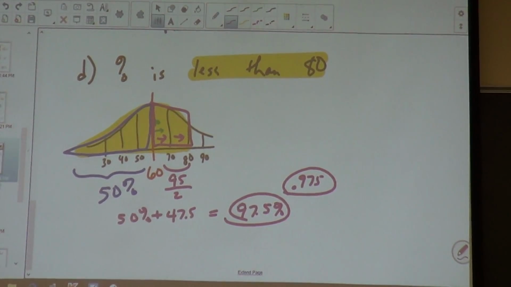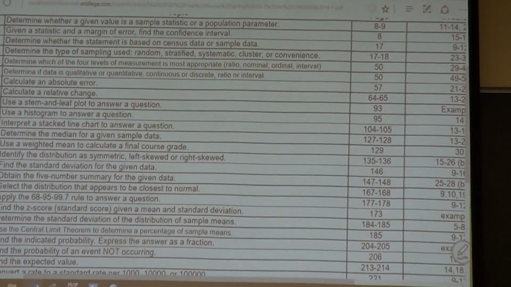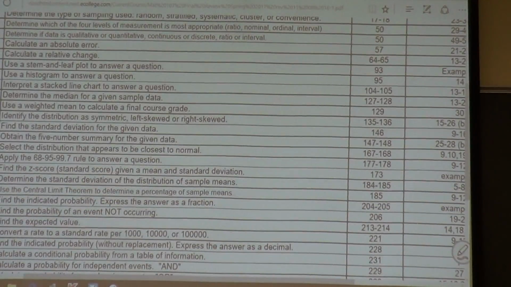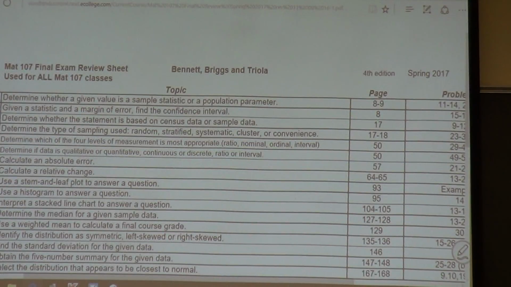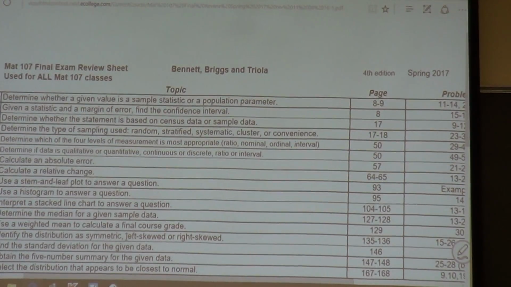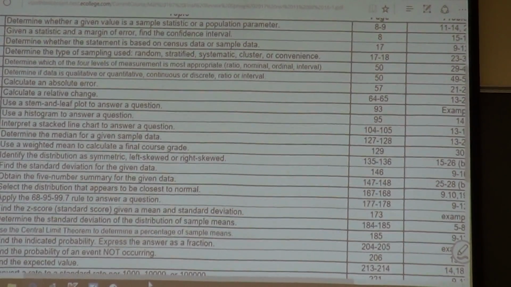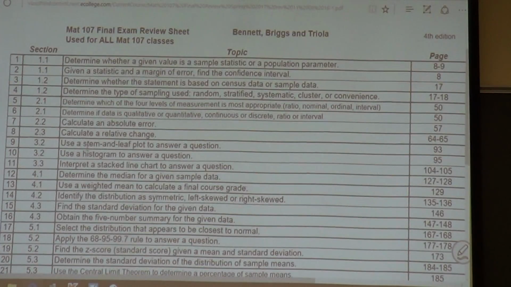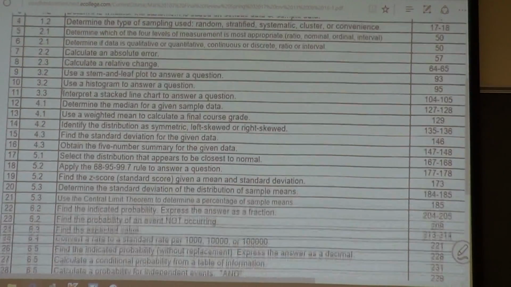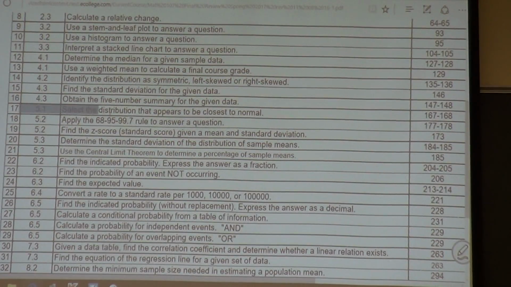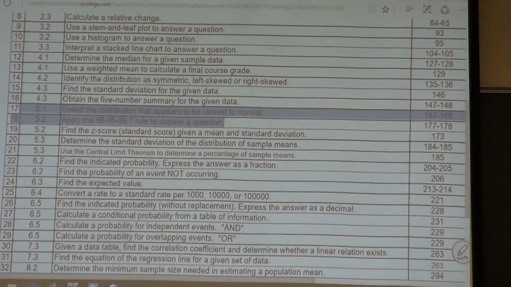Now, somebody's already asked, how many of these will we see on the test? The exam, I've already said, is 33 questions, all multiple choice. And you're going to have all 8 chapters, so pretty equivalent of all 8 chapters. Out of chapter 5, so far, we've only done 5.1. I've already told you, select the one that appears to be closest to normal.